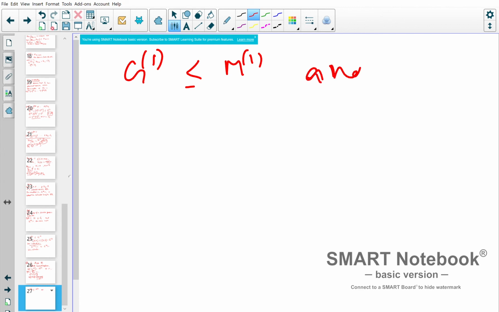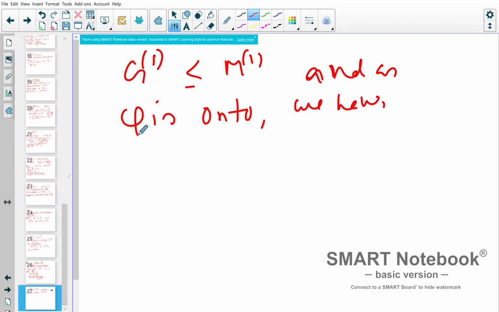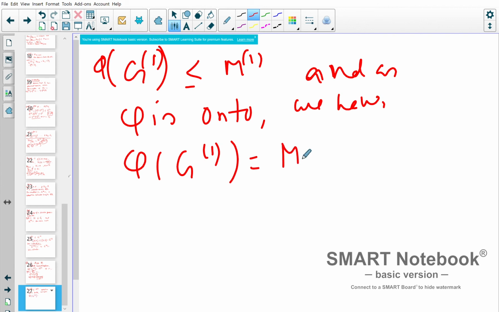And as phi is onto, this is actually equality. So phi of G1 is actually equal to M1, right?